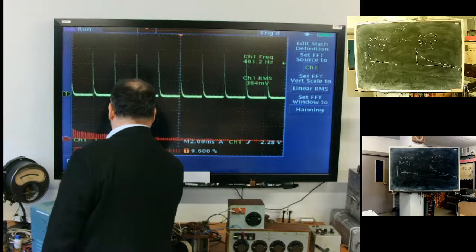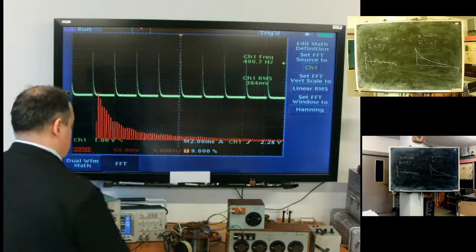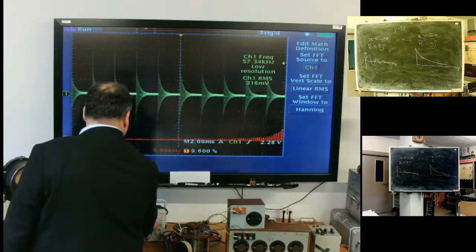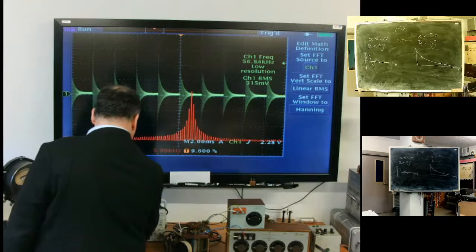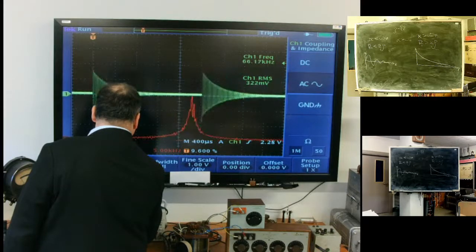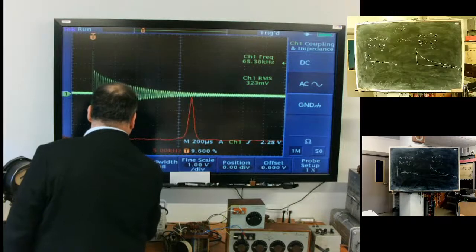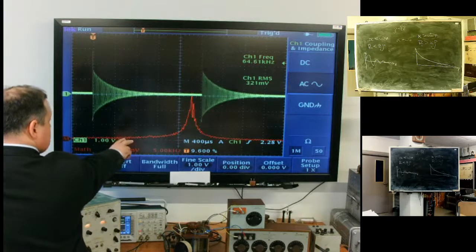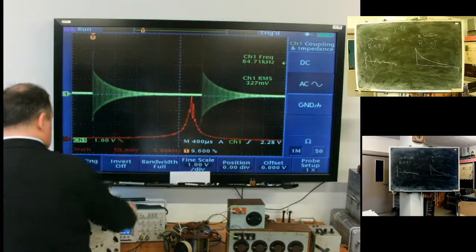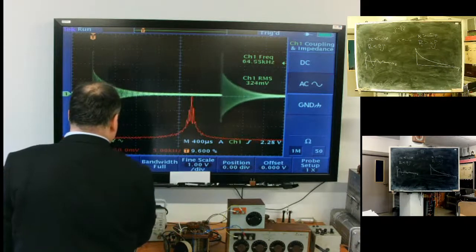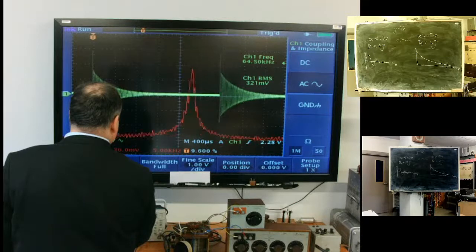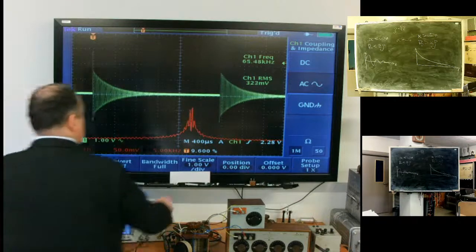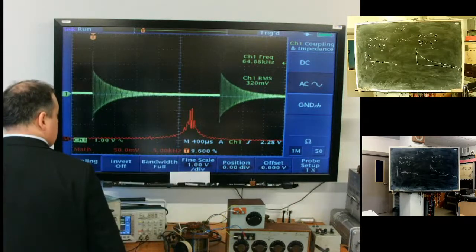Second, I'll bring resistance below the critical; the process is in the form of a decaying oscillation, and we see a very narrow frequency band.